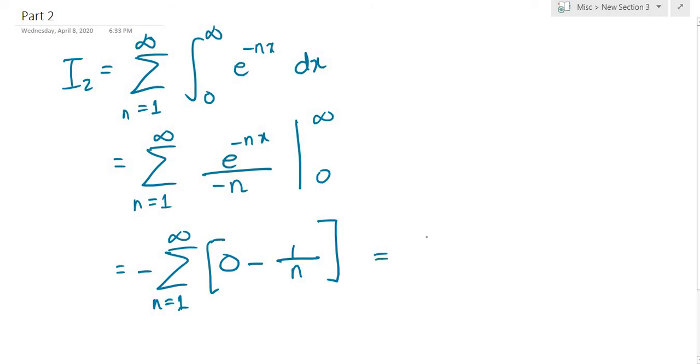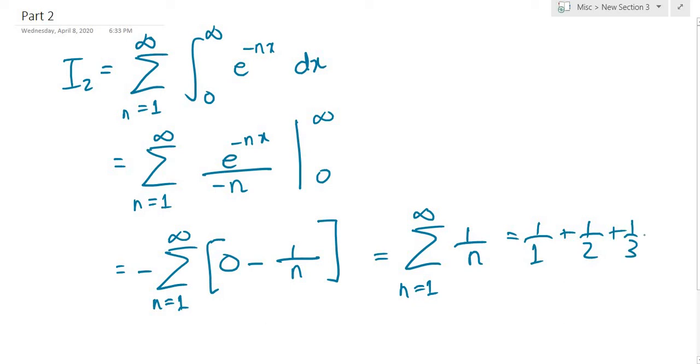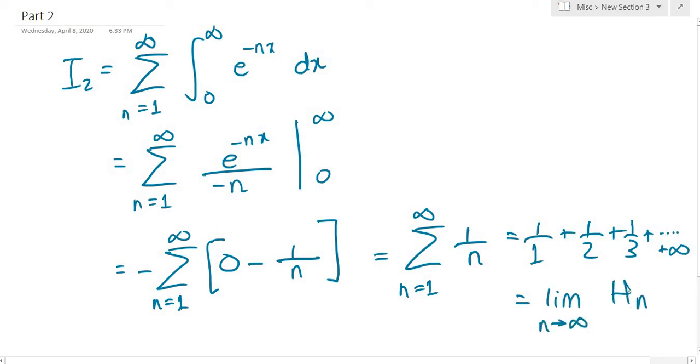So essentially I have the sum from n equals 1 to infinity, and the negatives make a positive. So I have 1 over n, and if I want some perspective, I can plug in n now. I have 1 over 1, plus 1 over 2, plus 1 over 3 till infinity, right? And what's that? That's the harmonic series to infinity.